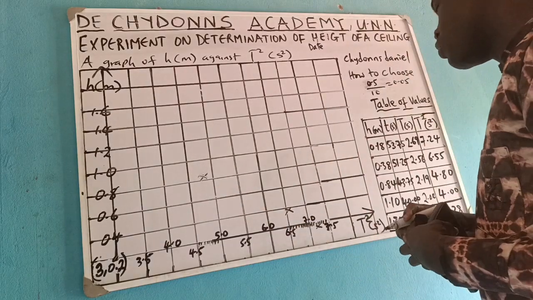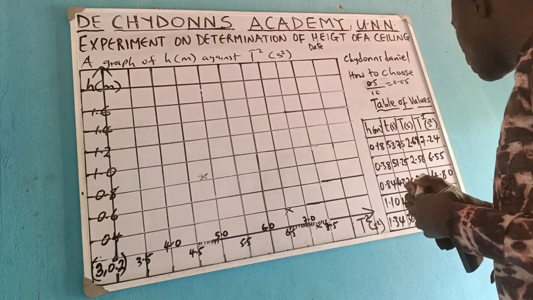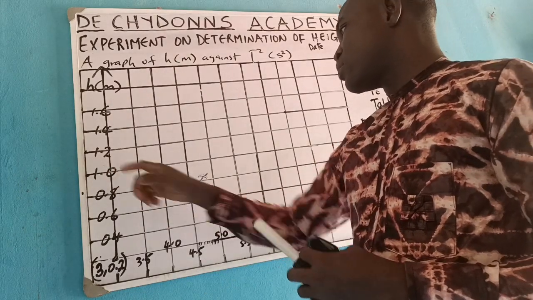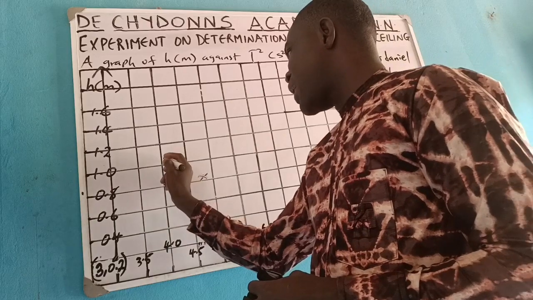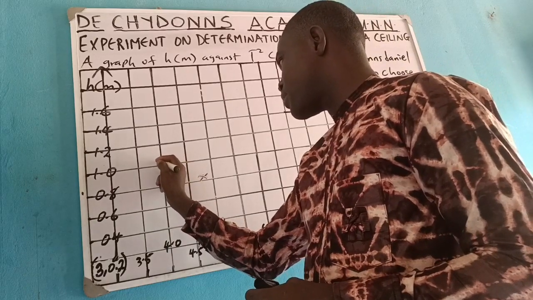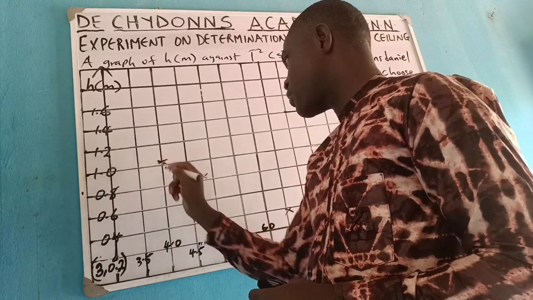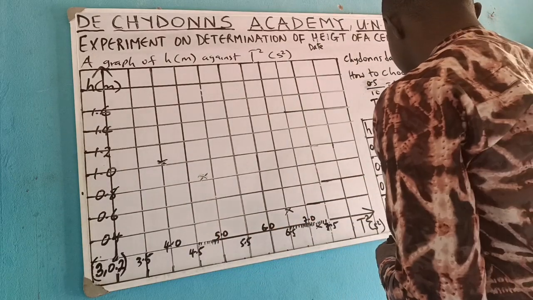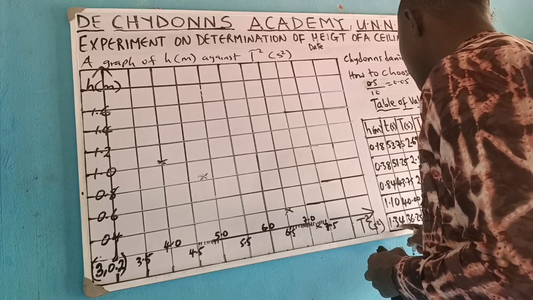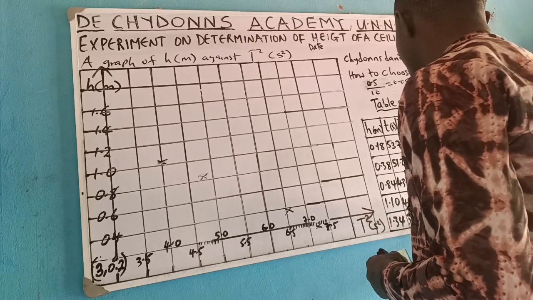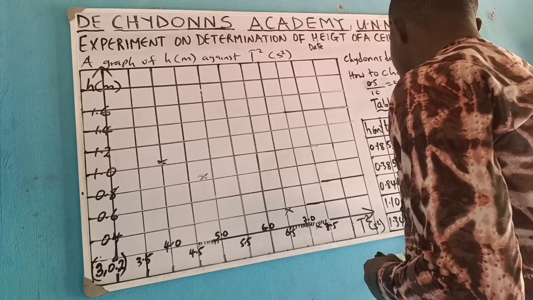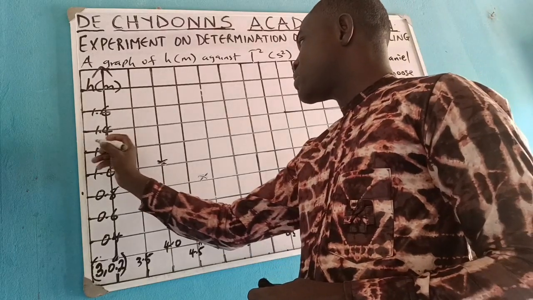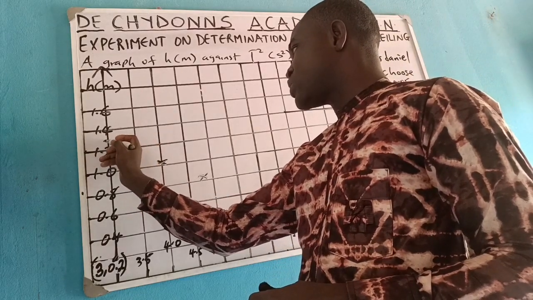Then we move again. 1.1 against 4. This is 4 and this is 1, so it should be around here. Then we go again. 1.34 against 3.28. This is 1.3, half of it is 1.3.